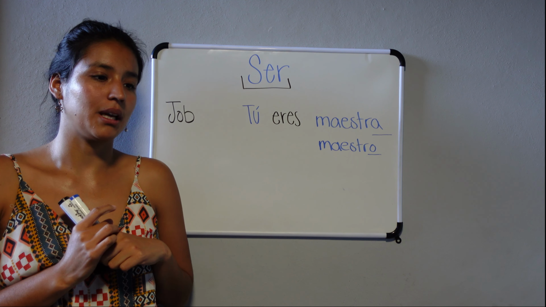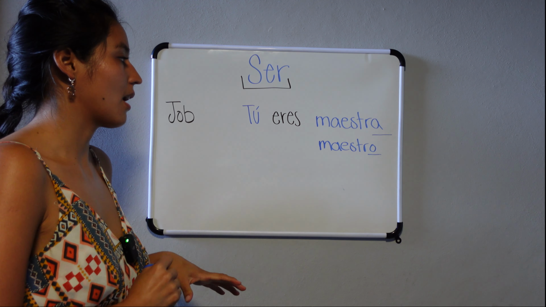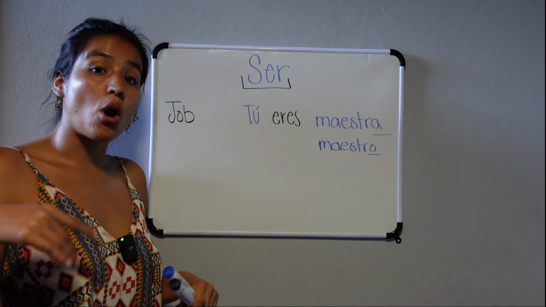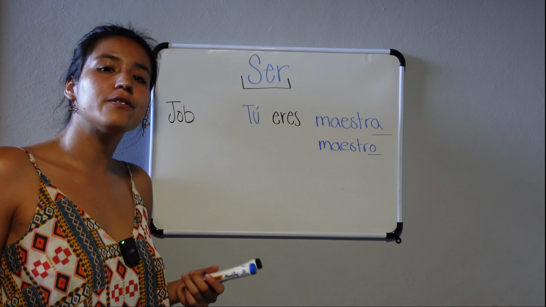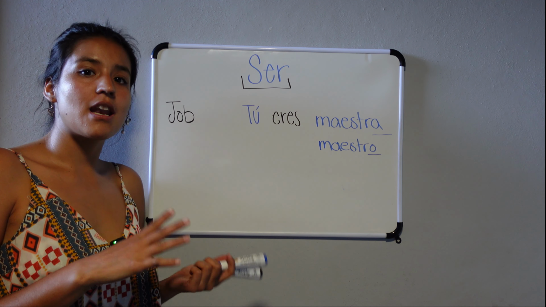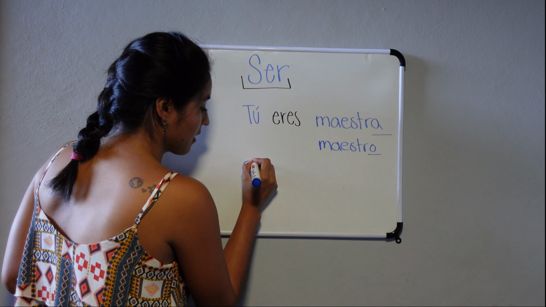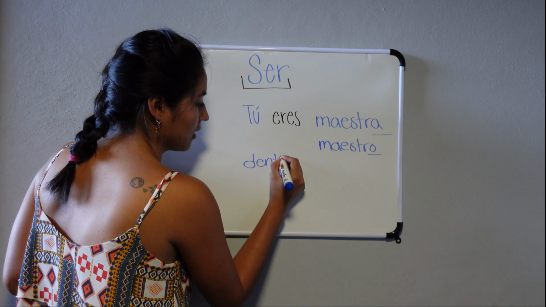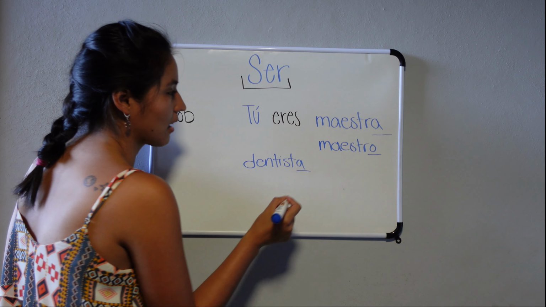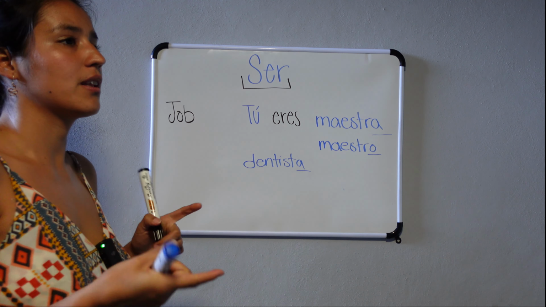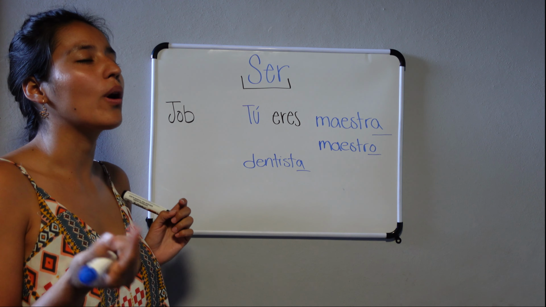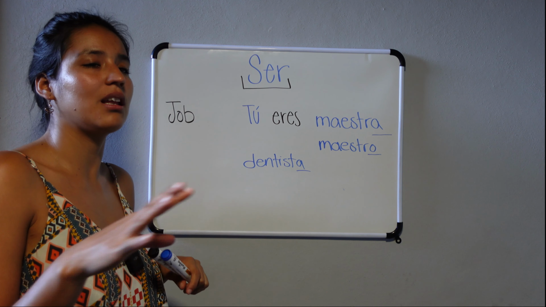Also, I'm gonna make a little short video about some occupations, because not all of them have a feminine and masculine version, such as dentist, dentista. Okay, if you follow what I just said and say like, oh, if it's A, it's for me, if it's O, it's for a guy, I'm gonna say dentisto.